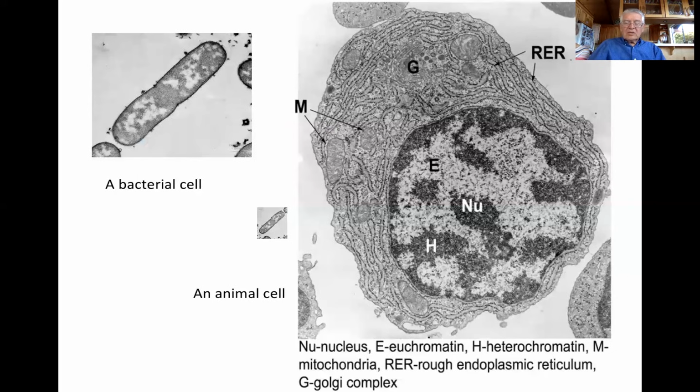Okay, so let's look at a cell to begin with, to try and put this in perspective. We have two general categories of cells. First, we have the bacteria. And I put these two categories of cells here in the scale of how different they actually look in terms of their sizes. A typical bacteria in comparison to a typical cell in your skin, for example, differ by about this much in size.